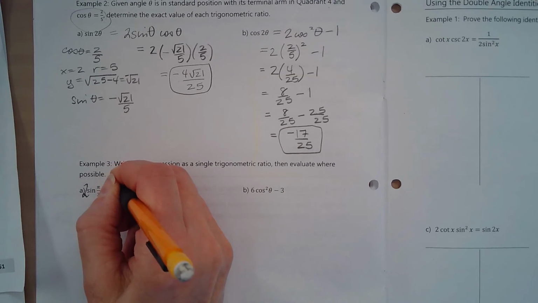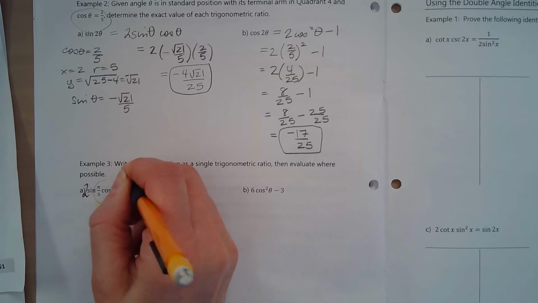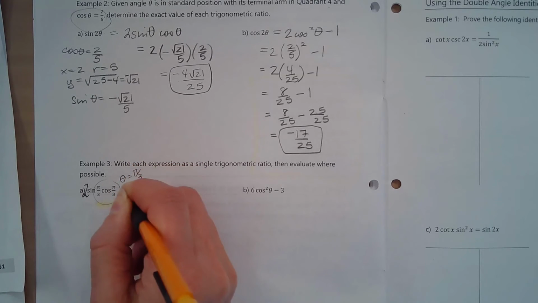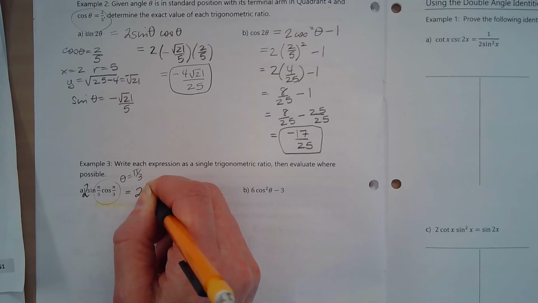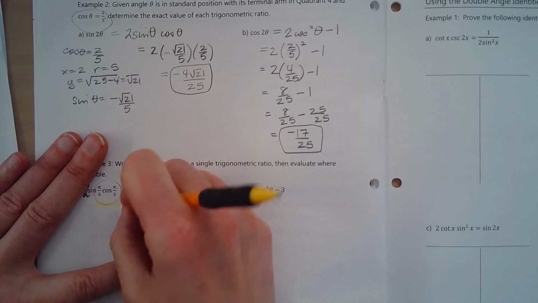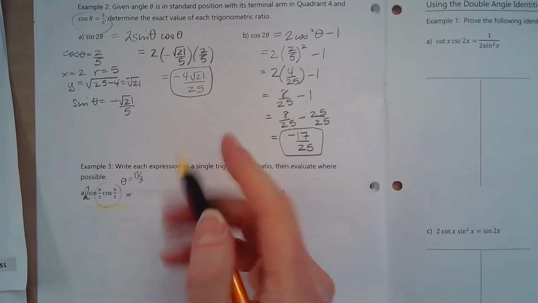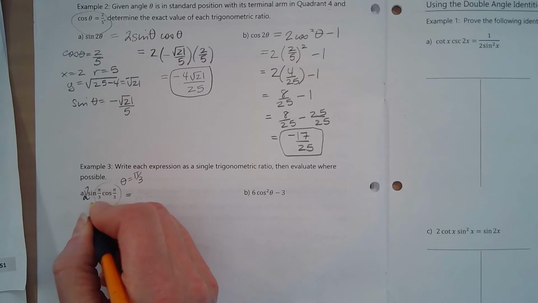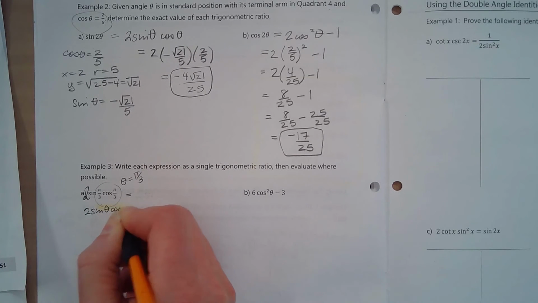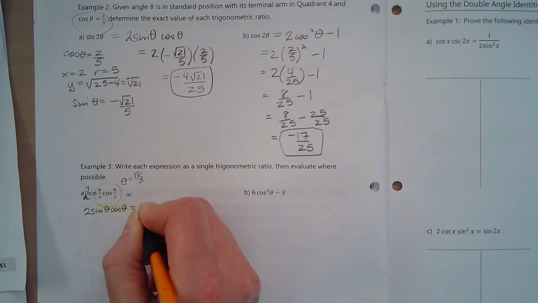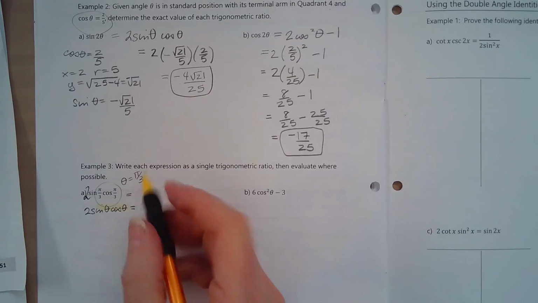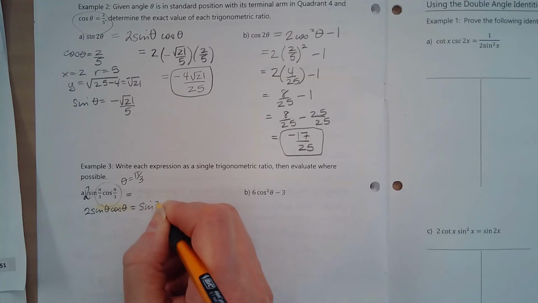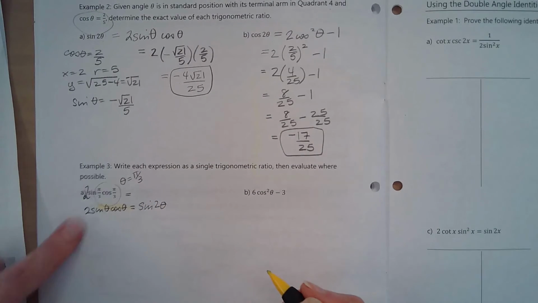Here, for this one, theta equals pi on 3, right? So this should be equal to 2 times sine, or sorry, I'm getting all mixed up again. See, there's my errors coming again. This is like 2 sine theta cos theta, right? So that's equal to sine of double the angle, okay?